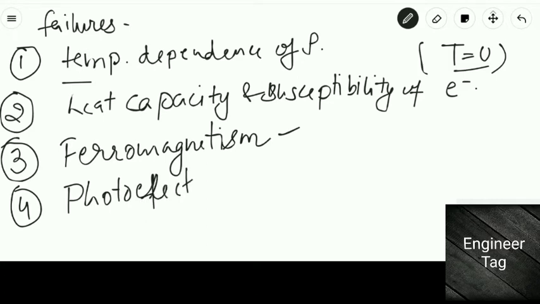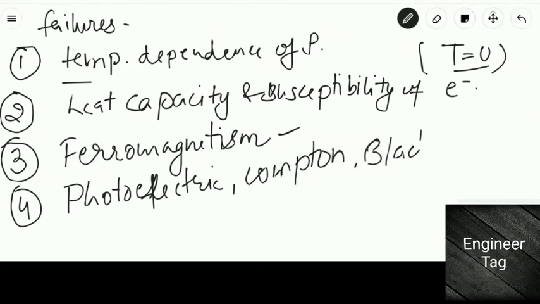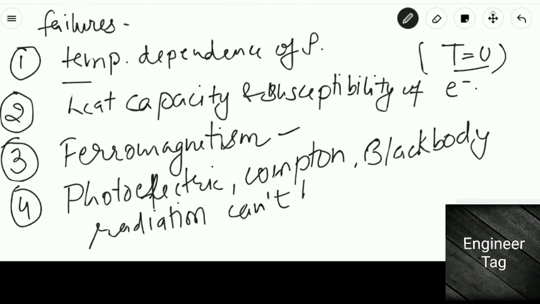Various phenomena like the photoelectric effect, Compton effect, and black body radiation cannot be explained using the classical theory, because in the photoelectric effect, Compton effect and black body radiation, energy is considered as quantized.